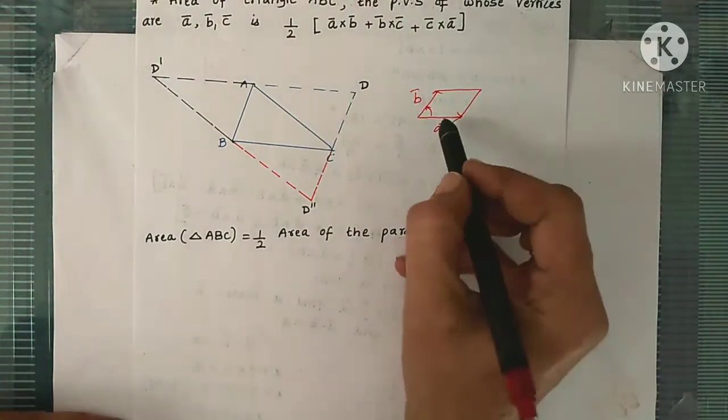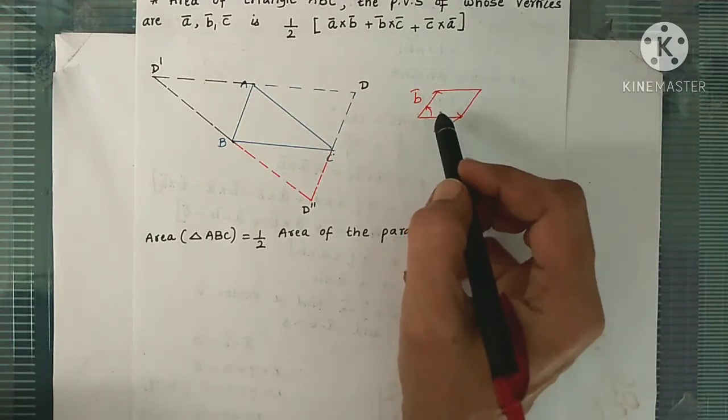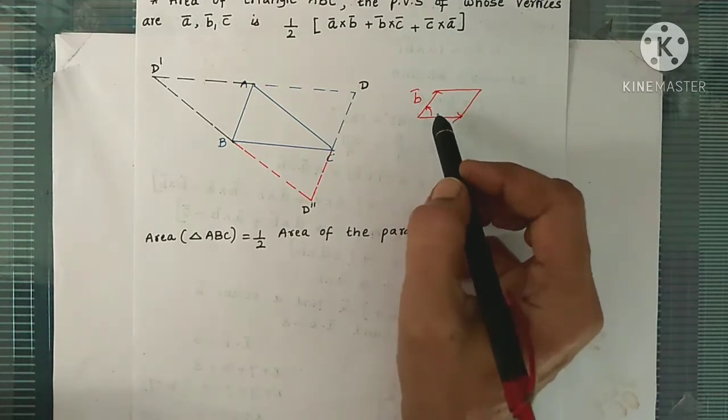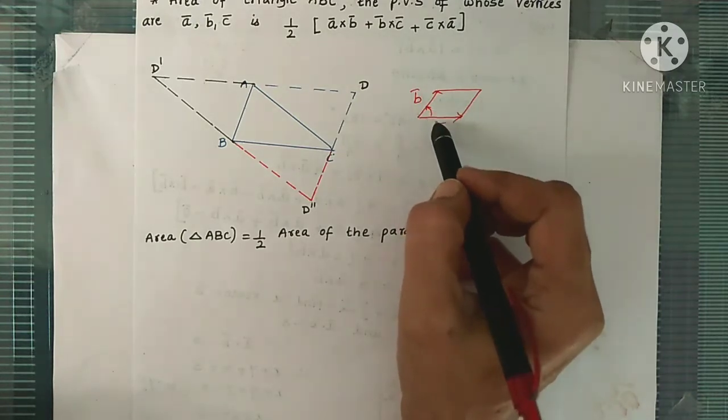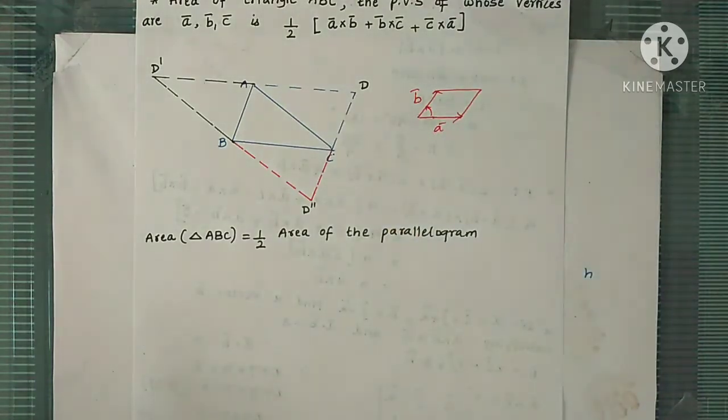Always remember that if we write A bar first and then B bar, the rotation from A bar to B bar should be in the anti-clockwise direction, so that theta is positive in the anti-clockwise direction.